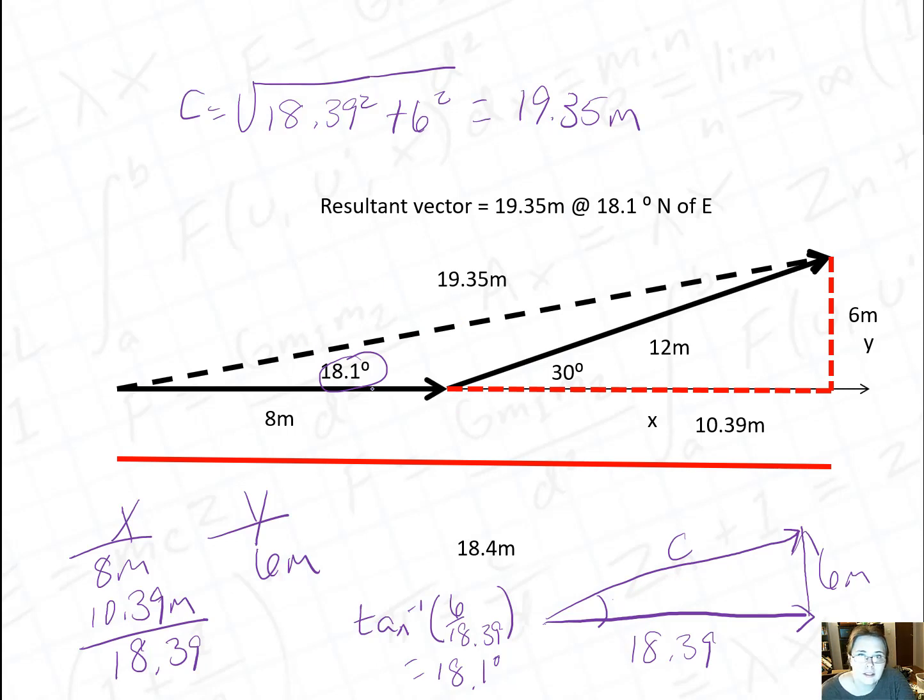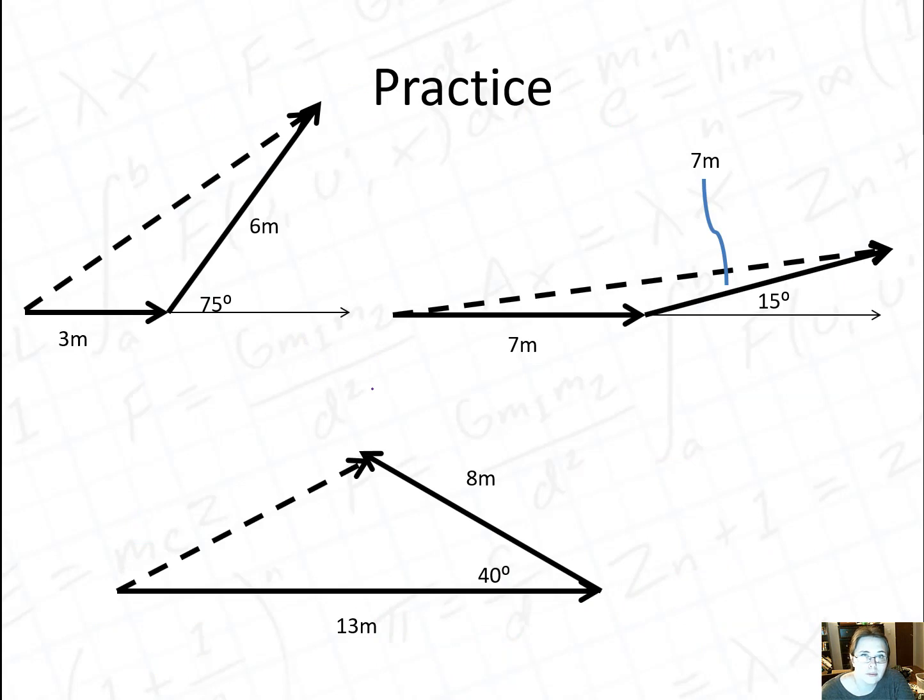Here is the next set of practice problems. So I'm going to label these 1, 2, and 3. And I want you to work on figuring out what the resultant of each of these is, both the resultant in magnitude, so the length, and the direction.